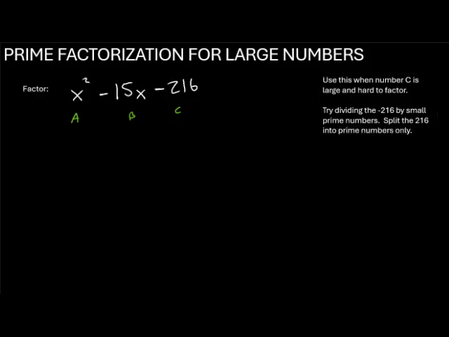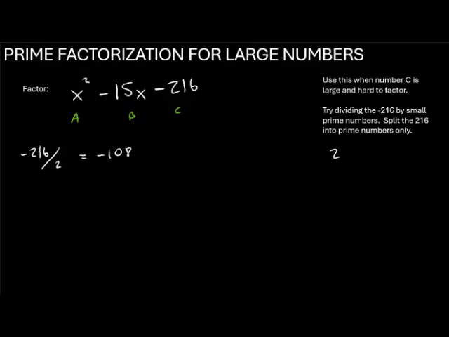Let's try that now. We'll begin by saying negative 216, and then try dividing by the smallest prime number we can. The smallest prime number we can try is 2. We'll divide by 2, and if we take negative 216 divided by 2, we get negative 108.